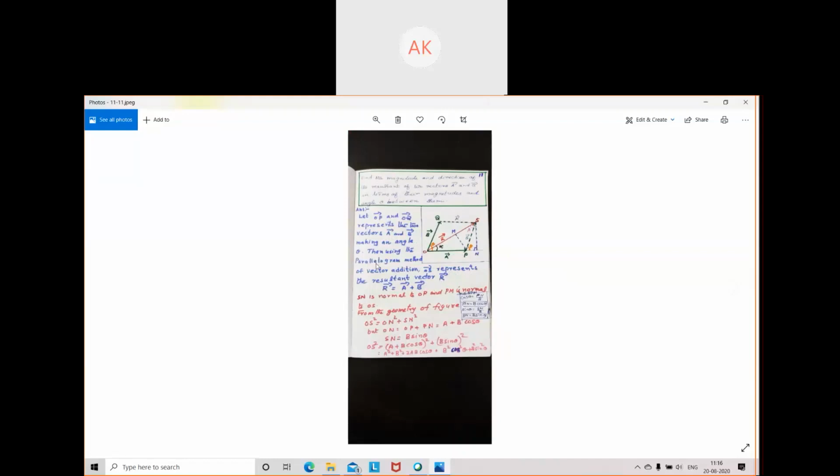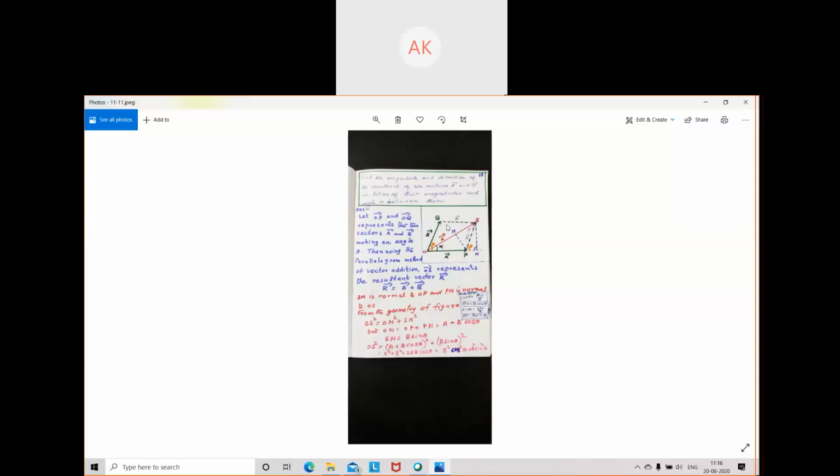Here, suppose there are two vectors, vector A and vector B, and they can be represented as the sides of a parallelogram. Earlier it was the sides of a triangle. In this case, the two vectors are represented as two adjacent sides of a parallelogram.